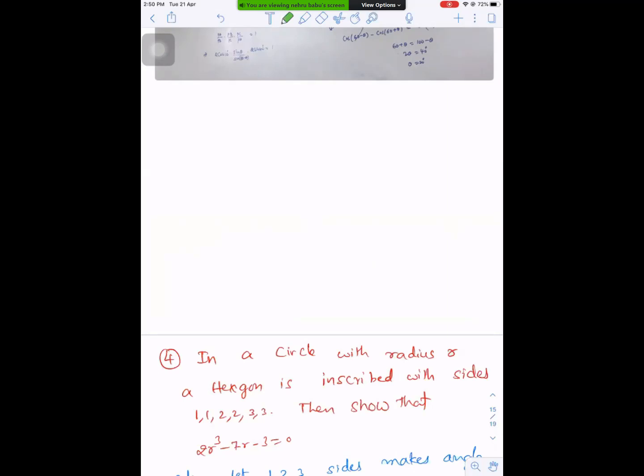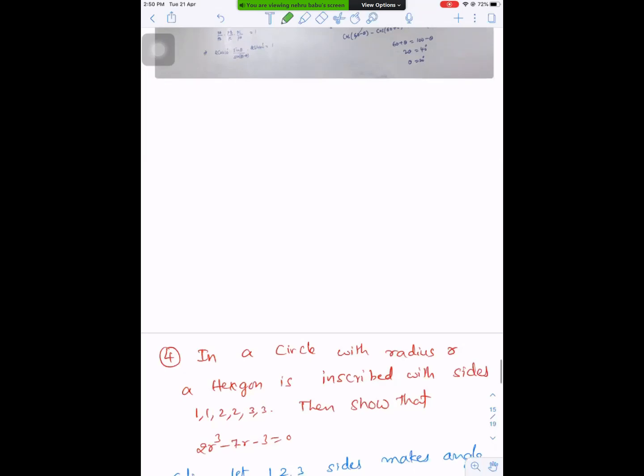Try this question. I discussed this problem in one of the classes where someone asked a doubt, not in all the classes. But I thought this question is good, so I noted it at that time.